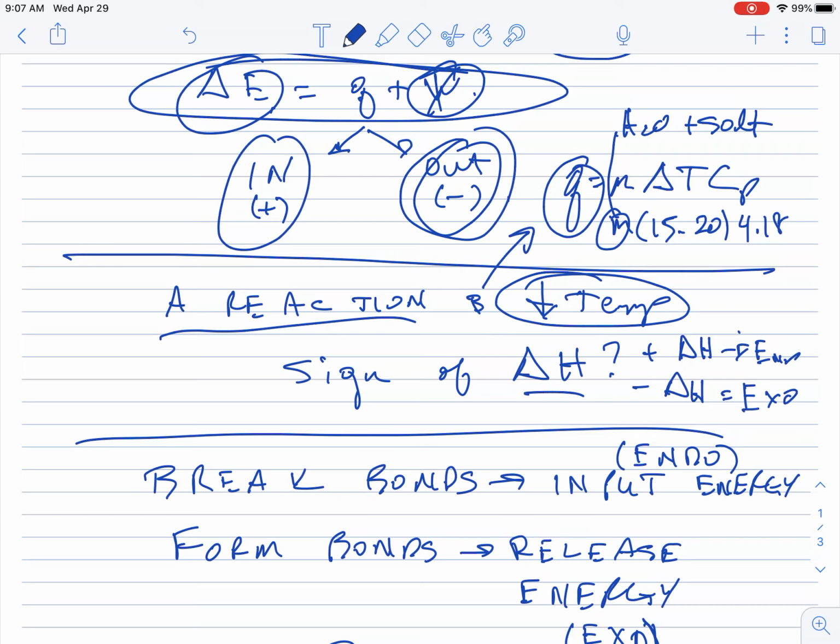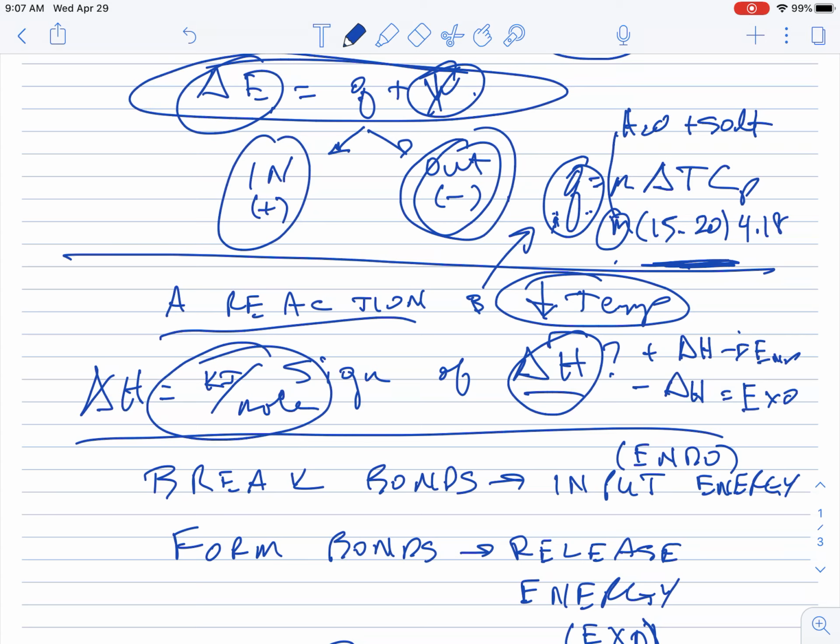So the Q, and this is what, again, I cannot emphasize this enough. The Q for the water or the surroundings, in this case, is going to be a negative number. But then you switch the sign and make that positive when you calculate delta H, because remember, delta H is kilojoules per mole.